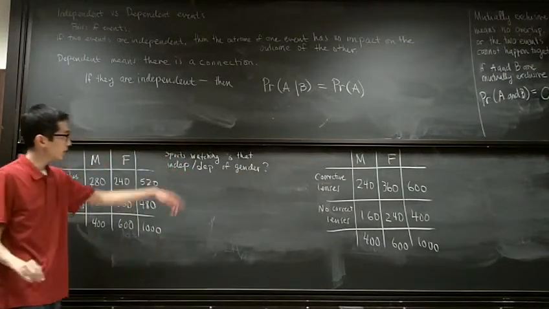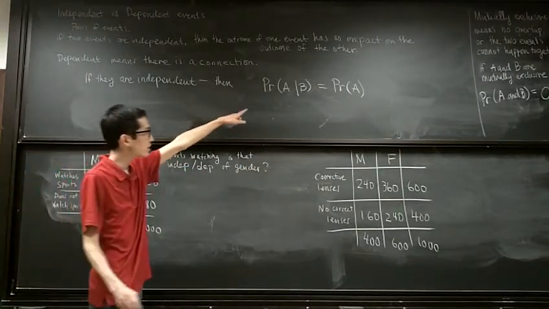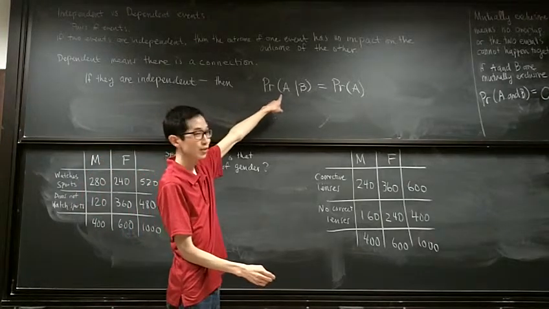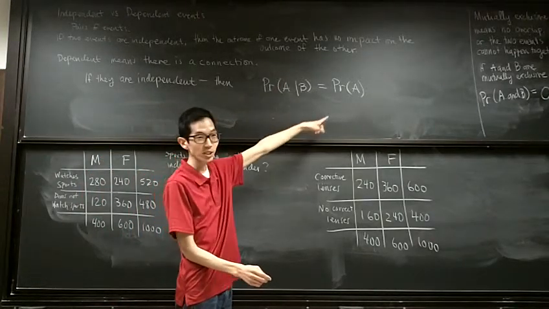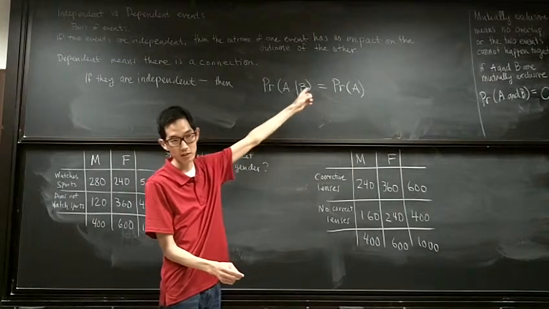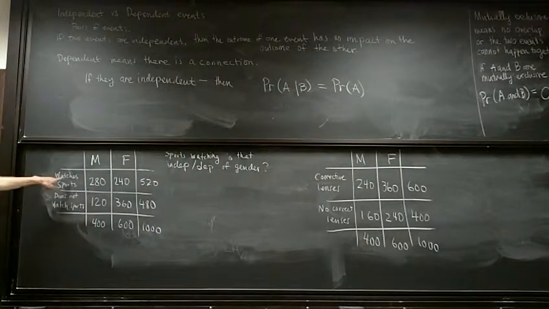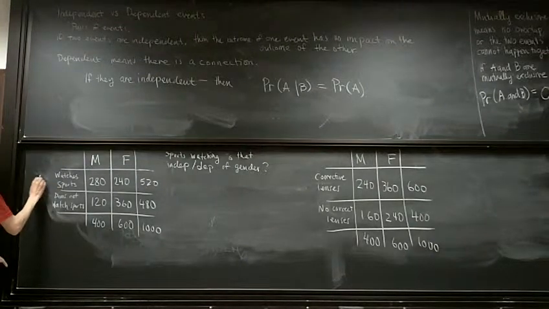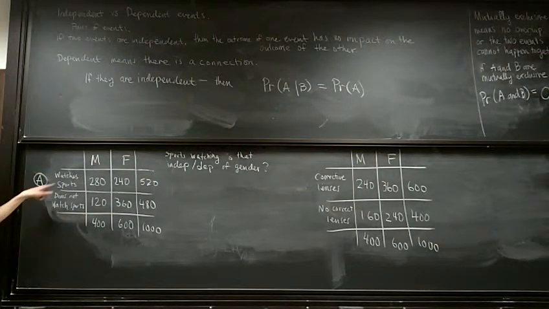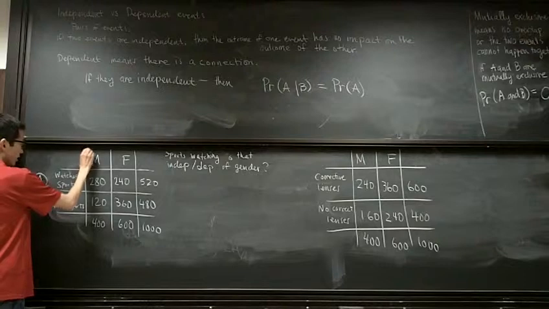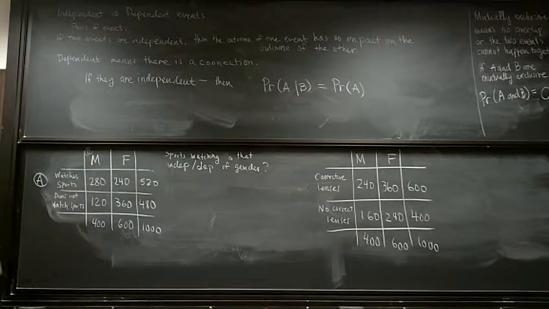Okay, well, if they are independent, the probability of A given B should equal the probability of A. Alright, so let's just try one of these out. Let's call watches sports A, and we will call male the B.